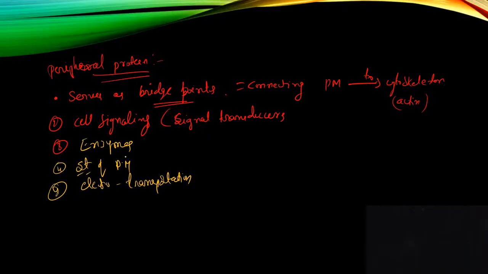So all these are the functions of particular components. For example, we discussed the functions of lipid molecules, that is phospholipid molecule, the integral protein and the peripheral protein, and the carbohydrates, that is glycolipids and glycoproteins. All these things we have discussed here. Now we're going to discuss the fluid mosaic model.